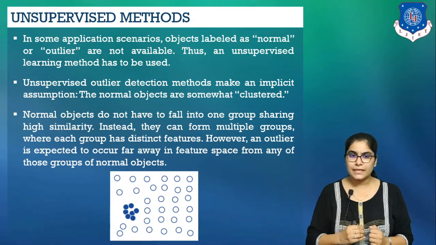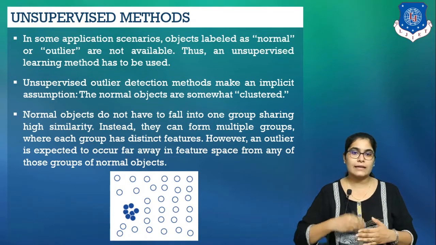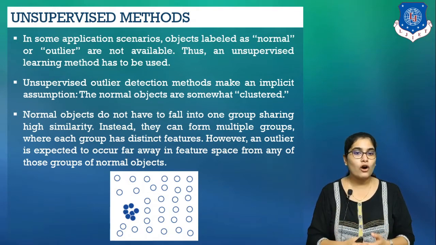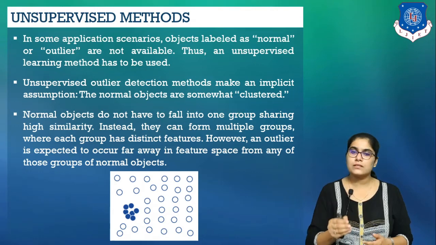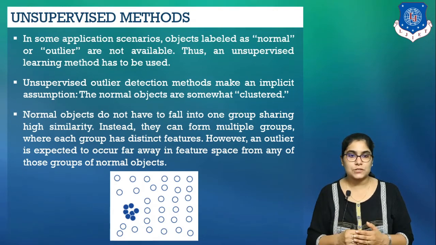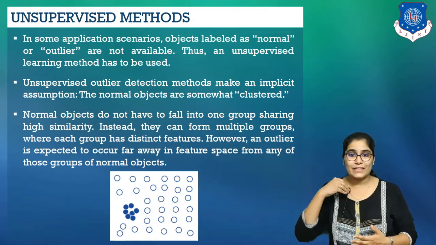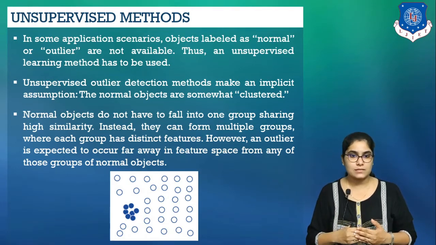In some applications, normal objects are diversely distributed and many such objects do not follow strong patterns. For instance, in some intrusion detection and computer virus detection problems, normal activities are very diverse and many do not fall into high quality clusters.